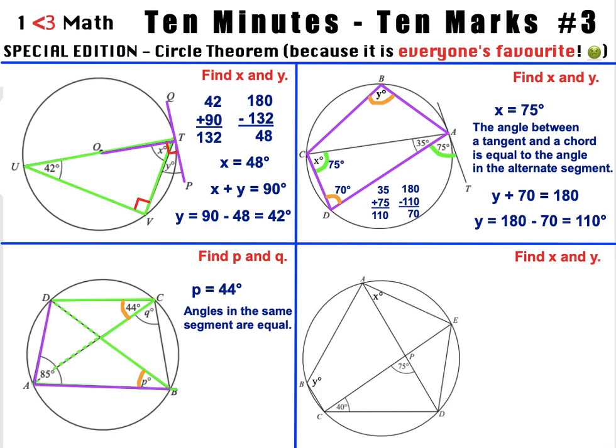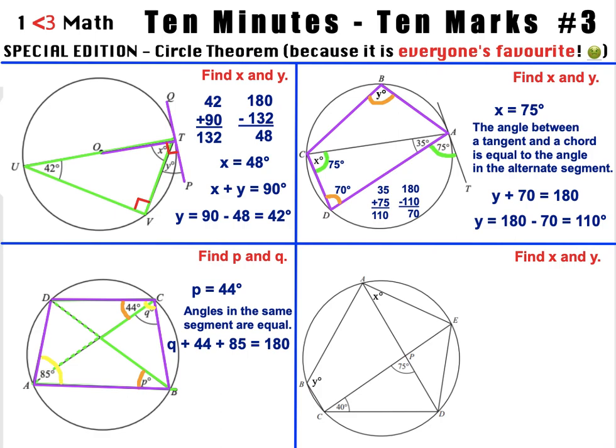So now we identify our cyclic quadrilateral. Now, the 85-degree angle is going to be the same as the angle BCD, the whole angle. Now that's 44 plus Q. So we can set it up like this: Q plus 44 plus 85 equals 180.